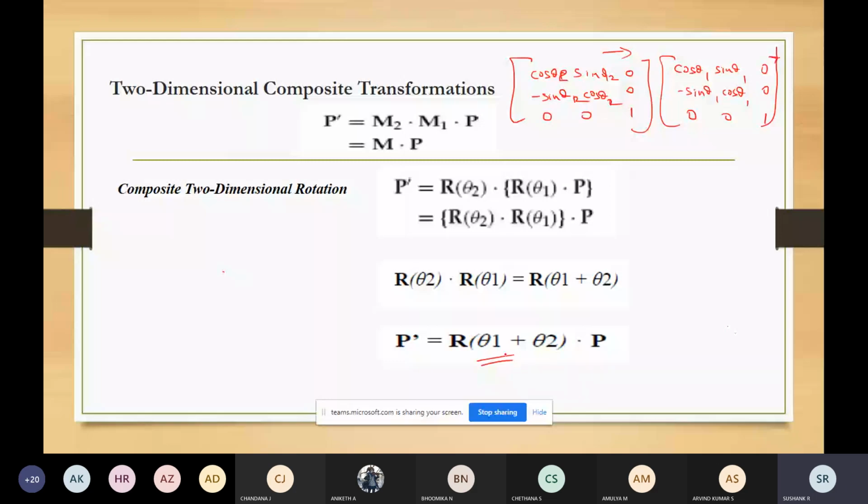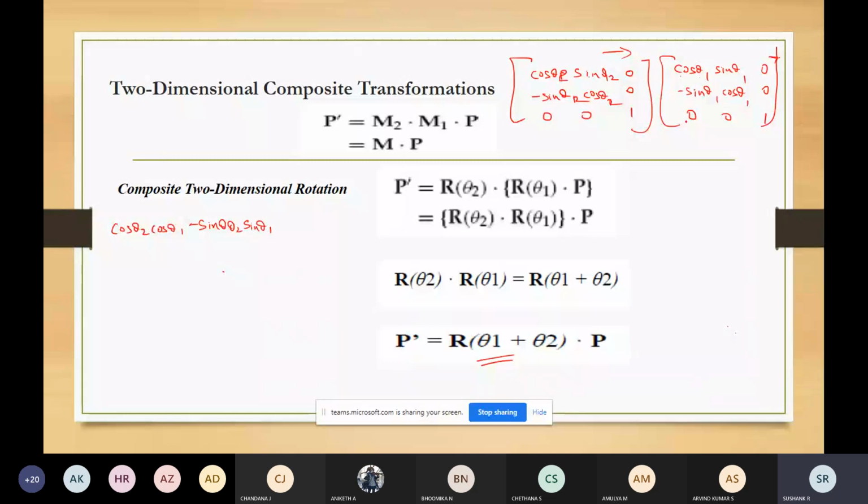The first term will be cos theta 2 cos theta 1 minus sin theta 2 sin theta 1, and the last term will be 0.